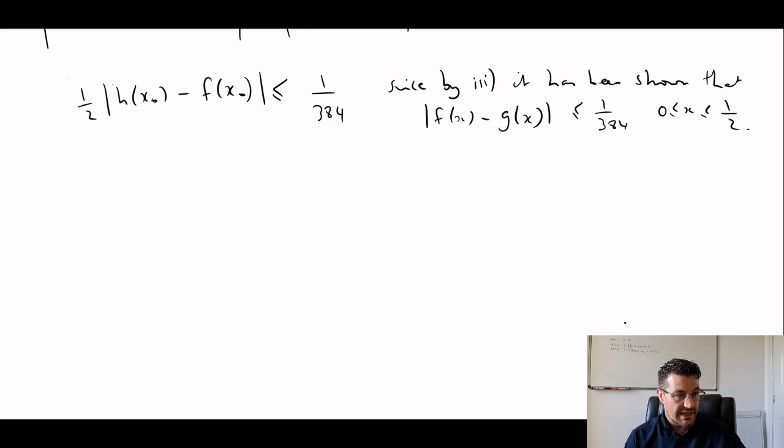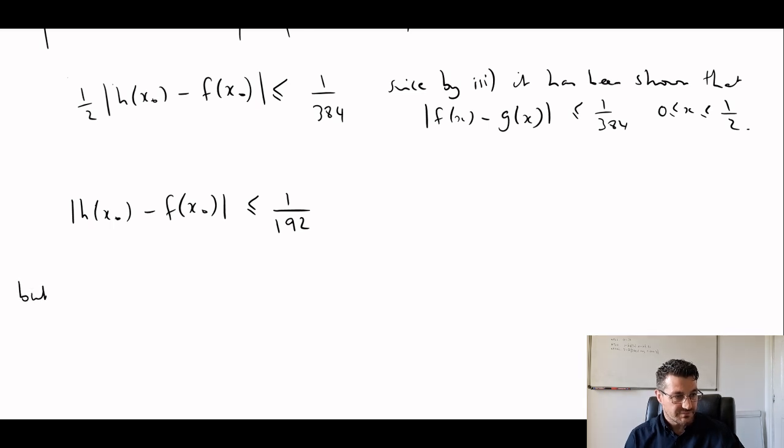So that means then that h of x naught minus f of x naught is less than or equal to 2 over 384. Oh my goodness. So that's going to be 1 over 192.